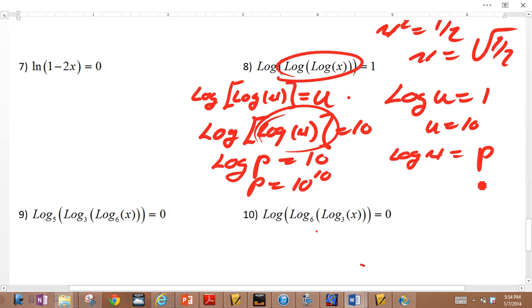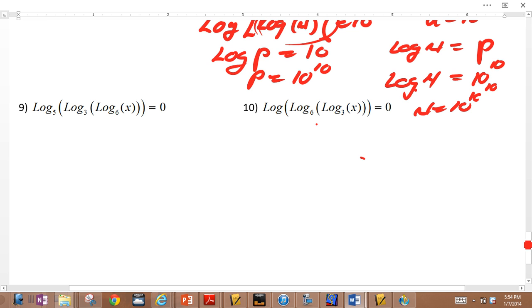But now what is p? That's over here, right? So 10 to the 10, which is p, is equal to the log of x. So that means 10 to the 10 to the 10 is x. X is 10 to the 10 to the 10. A googolplex. There you go.